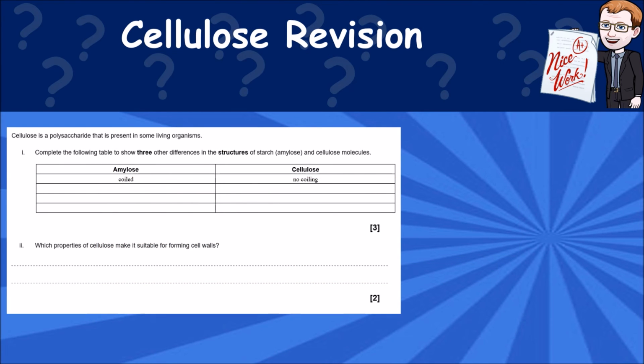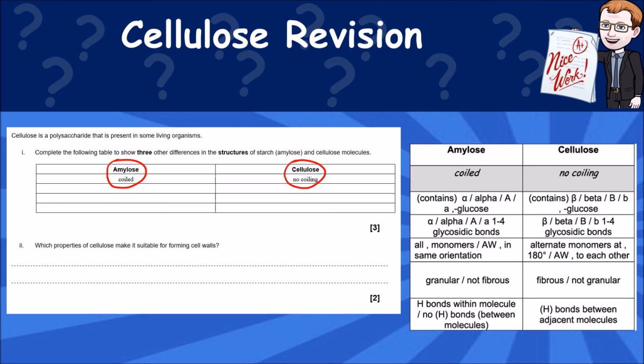This second question says that cellulose is a polysaccharide that is present in living organisms. We know that. You're completing the following table, comparing this time amylose to cellulose. It's already given you the fact that amylose is coiled and cellulose isn't. Other key things are that amylose contains alpha glucose, whereas cellulose contains beta.